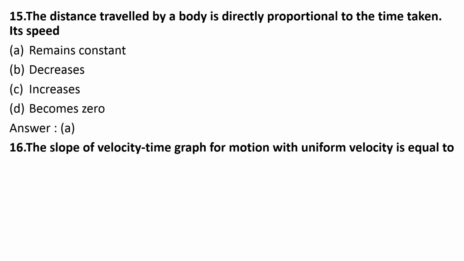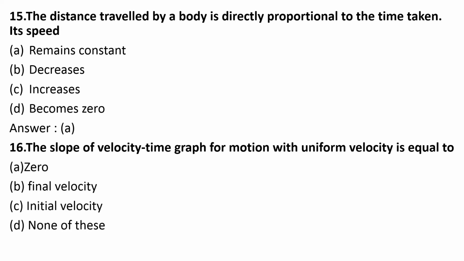Next, 16th question. The slope of the velocity time graph for motion with uniform velocity is equal to: option A, 0; option B, final velocity; option C, initial velocity; option D, none of these.